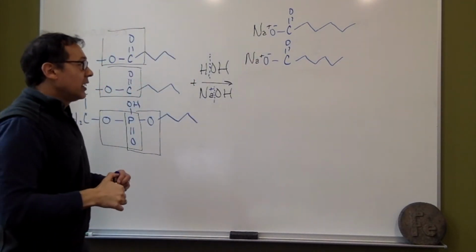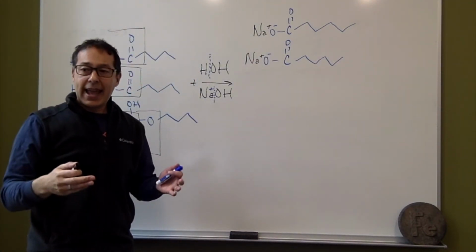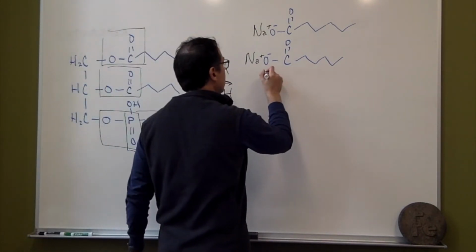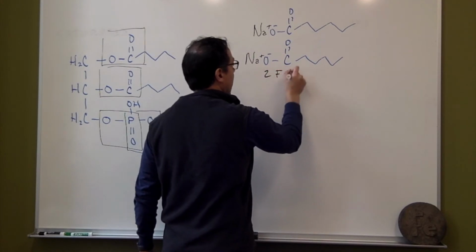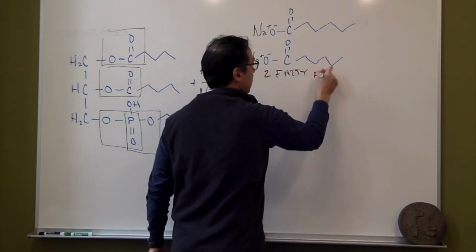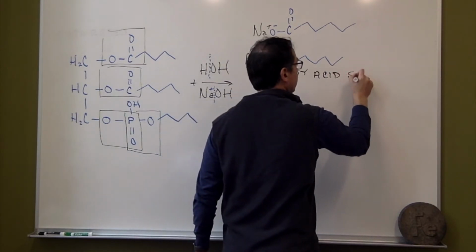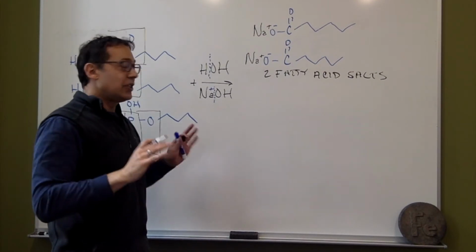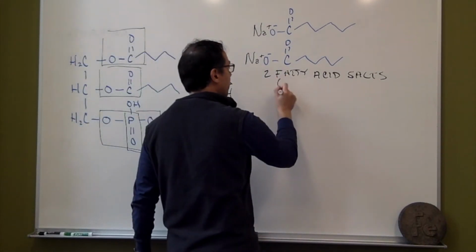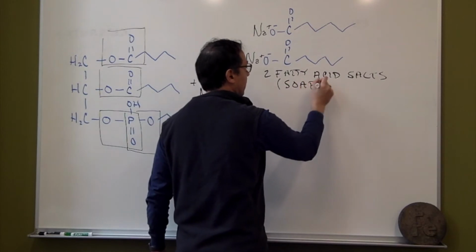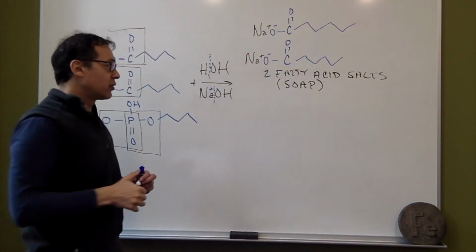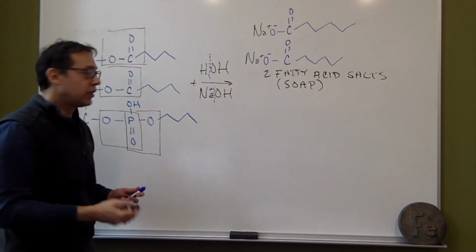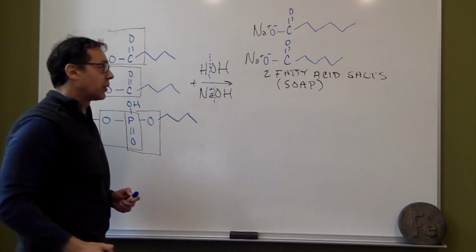And then instead of being called a fatty acid, it becomes a fatty acid salt. So we have 2 fatty acid salts, and these have a fancy name. They're also called soap. Soap is where we take a phospholipid like this and break it down using a strong base. So that is soap.